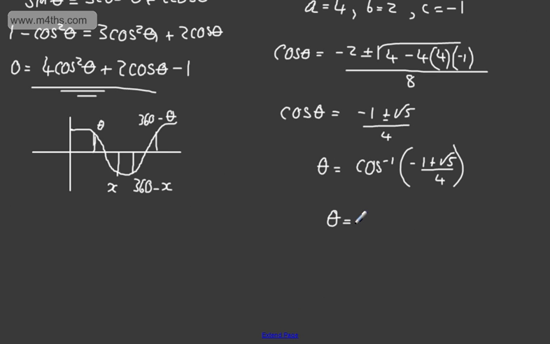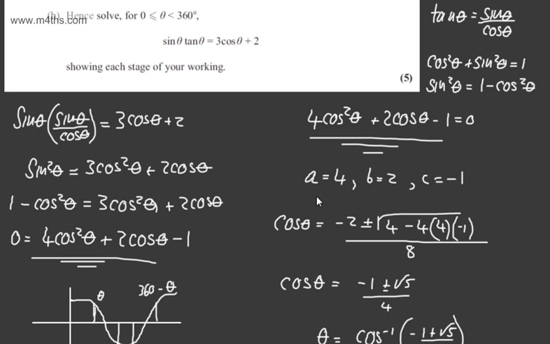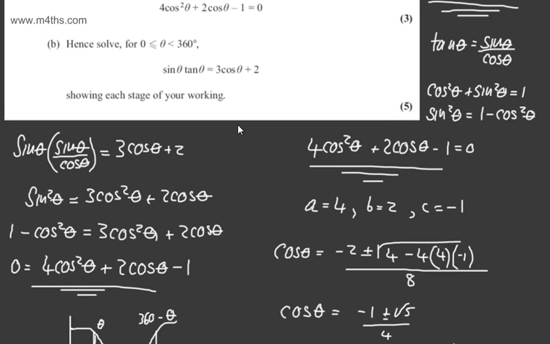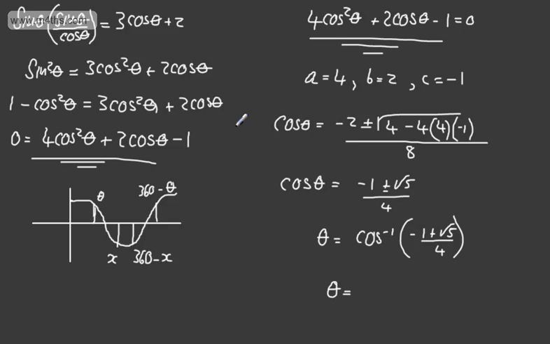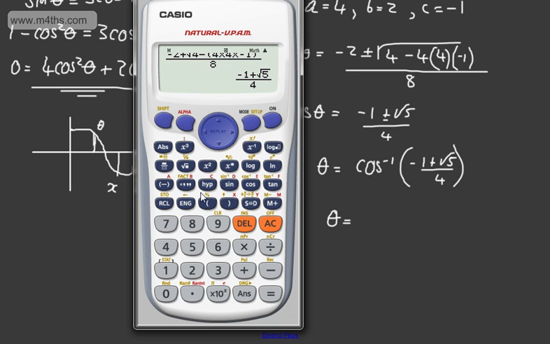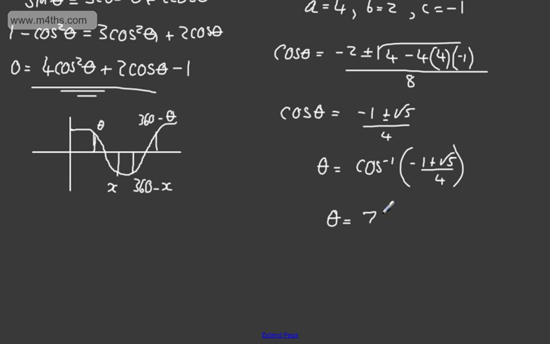So theta is going to be equal to, and just writing this out, we're not asked to give our answers to any level of accuracy, so I'm just going to use a calculator and take the inverse cosine of now the answer. So just plugging this in, we're going to have now 72, and therefore what we can say is 72, and we can say theta will be equal to 360 degrees minus the 72.